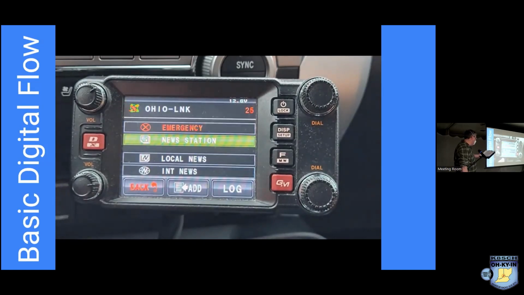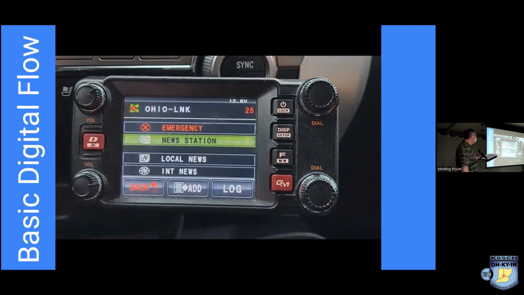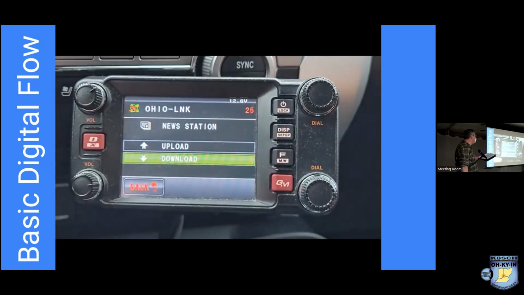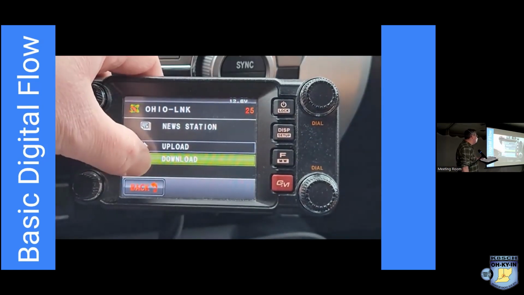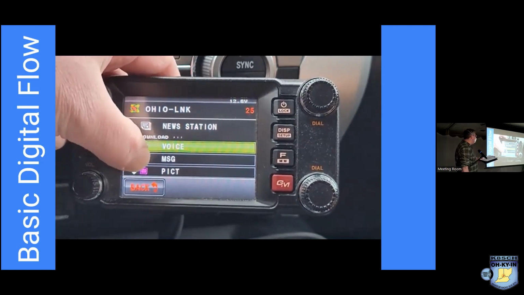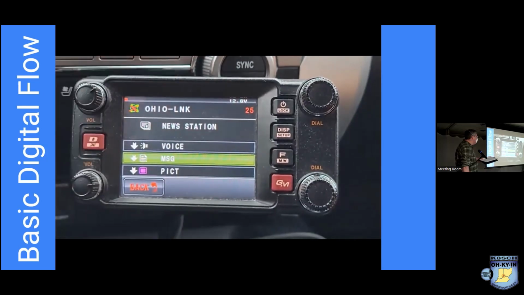And then I clicked on the room, and I'm going to try to download some text messages from that room, which is a feature of Wires X. You can store text messages, audio messages, and pictures. I'm not real good at hitting the right spot on my screen, in case you didn't notice.